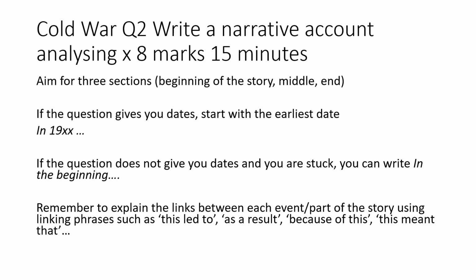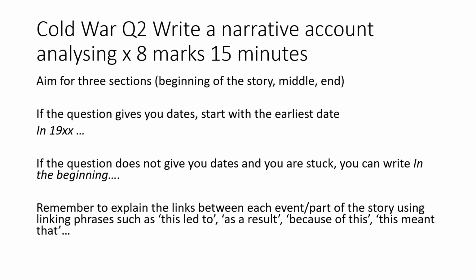It might be that you're given a time period. So for example, between 1968 and 69 or 45 to 47, or you could be given an event. So it might be that you're asked to write a narrative account analysing the events in Czechoslovakia in 1968. So you get 1 year.